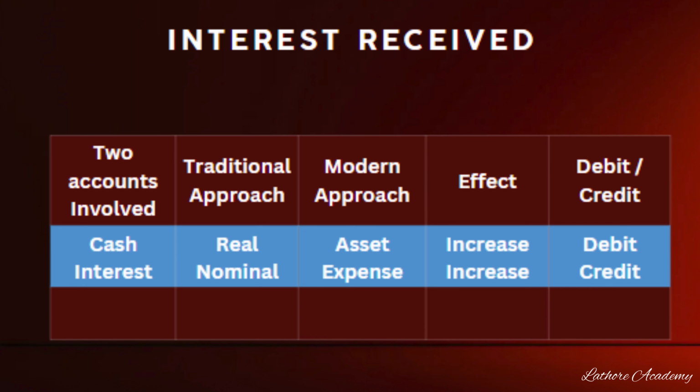I repeat, cash is a real account and interest is a nominal account as per traditional approach, whereas cash is an asset and interest is an income as per modern approach. So cash in this case increases, interest income also increases. So the journal entry will be cash account debited to interest account.